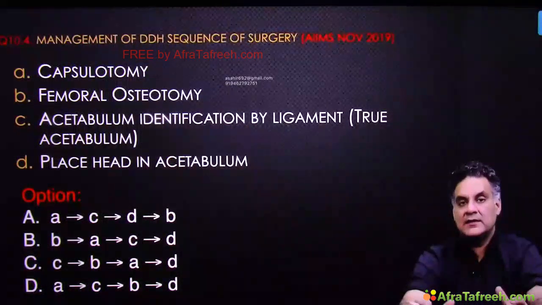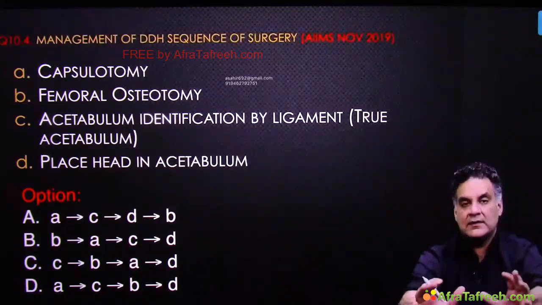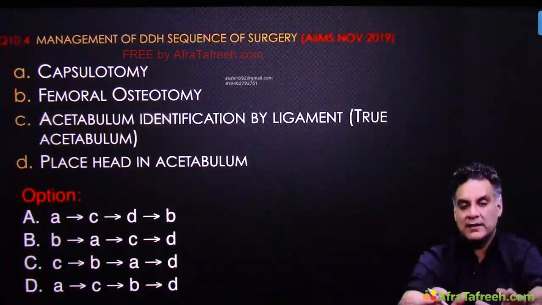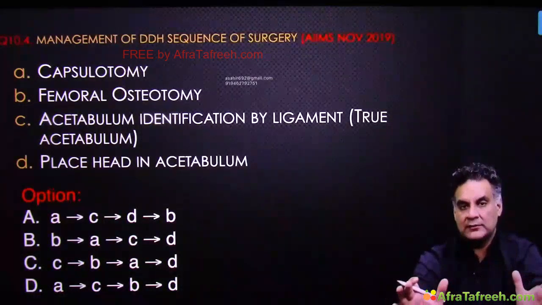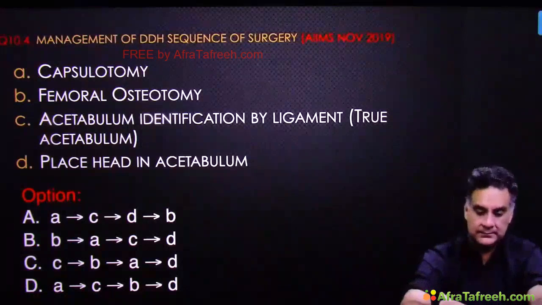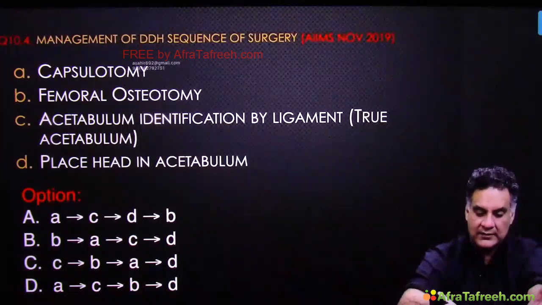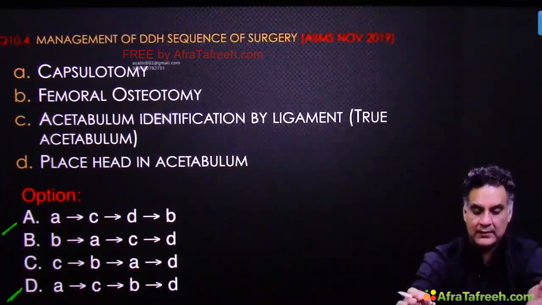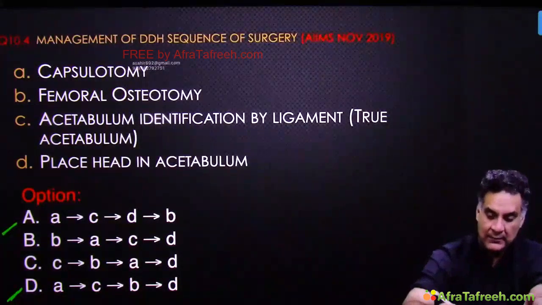Management of DDH. Sequence of the surgery: capsulotomy, femoral osteotomy, acetabular identification, place the head in acetabulum. So first open the joint. So the first step will be A. The two answers can be correct. Second, identify the acetabulum.